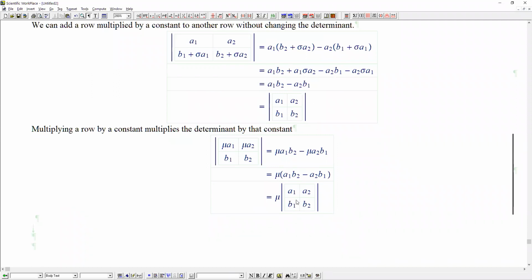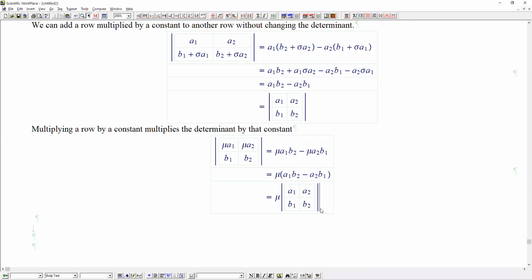So should we care about that? Well, it's funny because if you think about it, I just add a constant times this, and it doesn't change the determinant, but then I multiply a row and it changes the determinant. It's counterintuitive, and I wouldn't have expected this property to be the case, but that's the case. Does that change how we use the determinant?